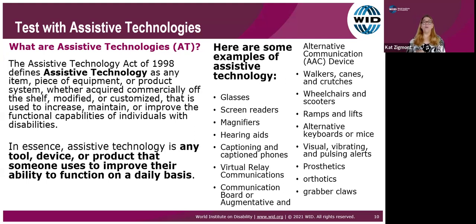And so I want people to think, when they think about assistive technologies, that it's any tool, device, or product someone uses, and that you need to be prepared that your product needs to be compatible with that assistive technology.